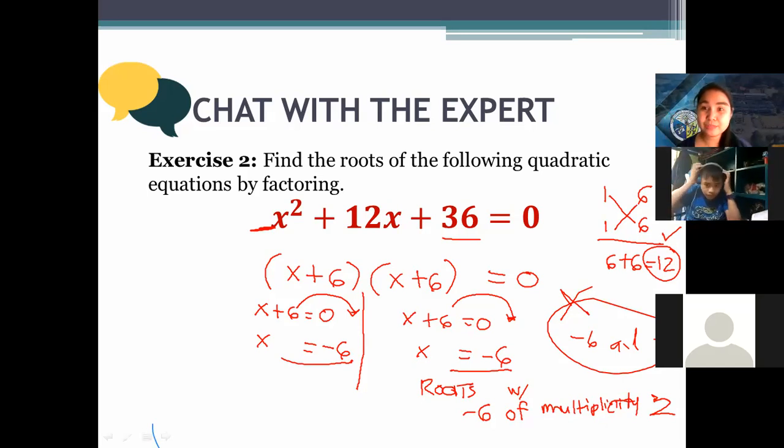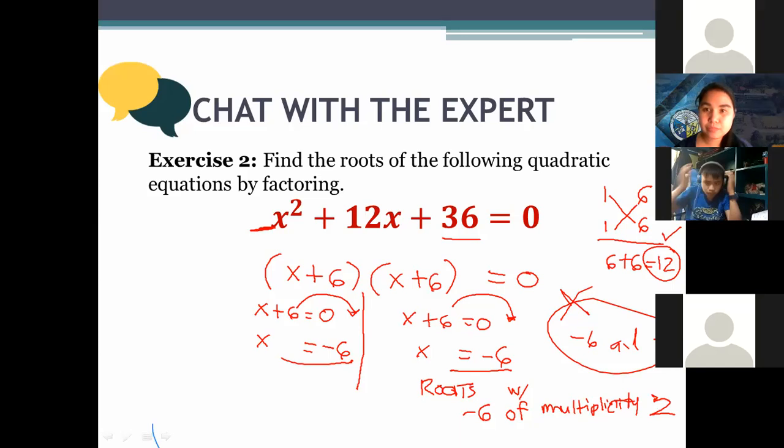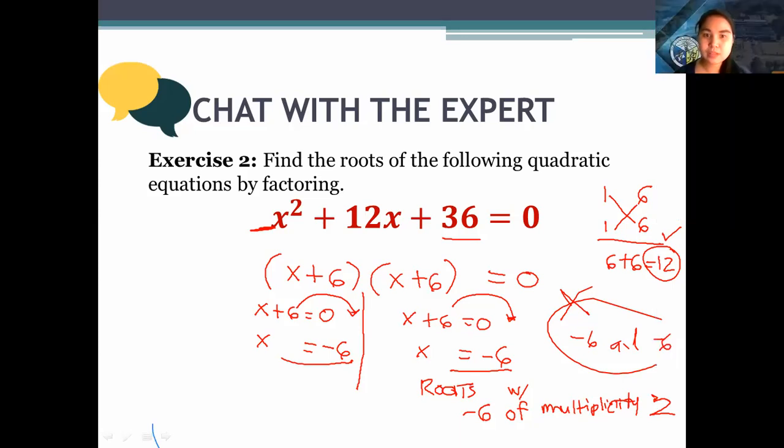Questions, Kyle? Ma'am, saan pagkabalo na negative siya? Which part, Kyle? In the factoring first or in the answer? Kanang nasa answer na, ma'am. Here. Remember, this is +6. We transfer it to the other side, right?